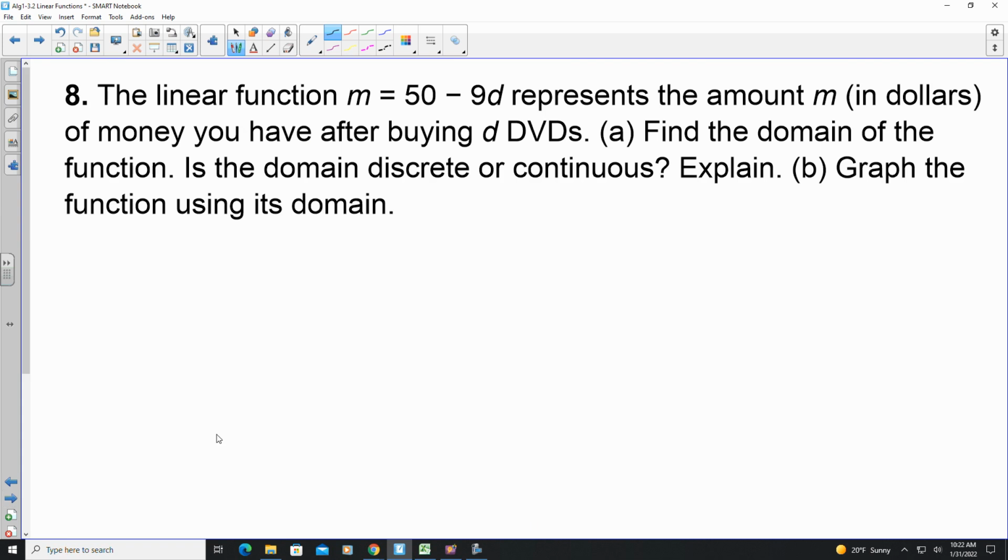All right, so again, this one says the linear function m is equal to 50 minus 9d, which represents the amount of money in dollars you have after buying d DVDs. So here it says find the domain of the function. Is the domain discrete or continuous? It's asking you to graph this function.